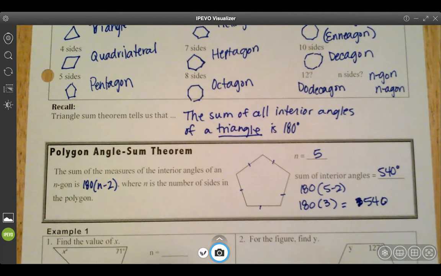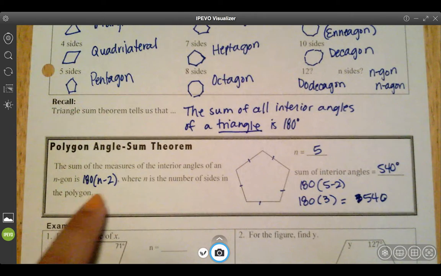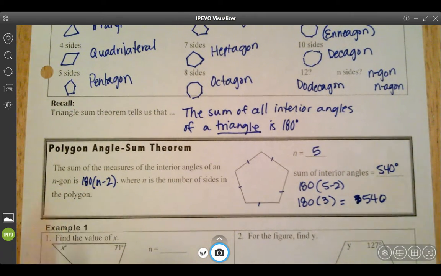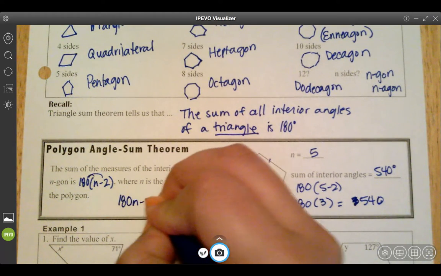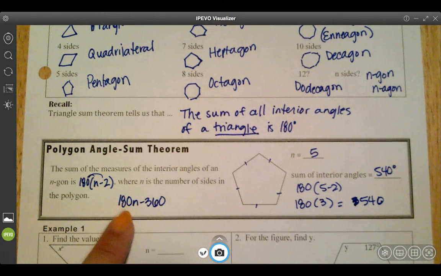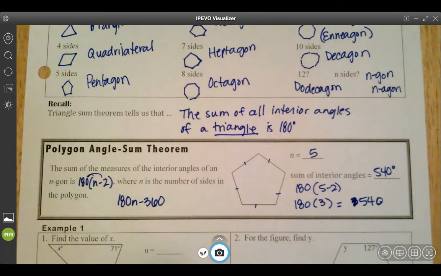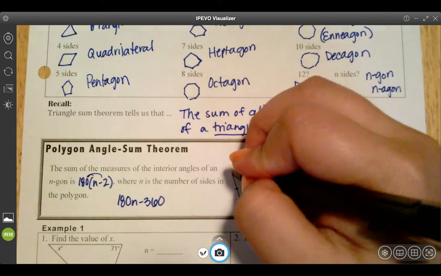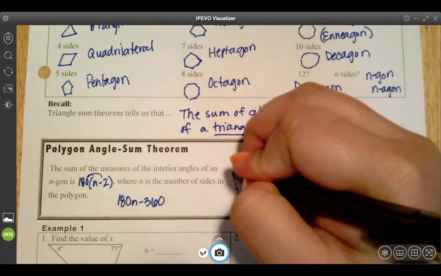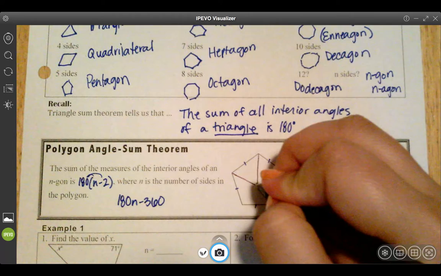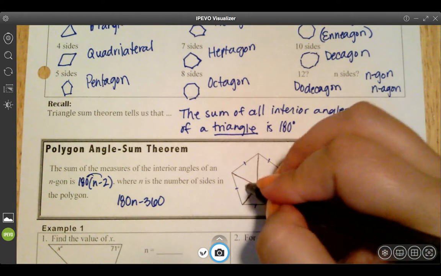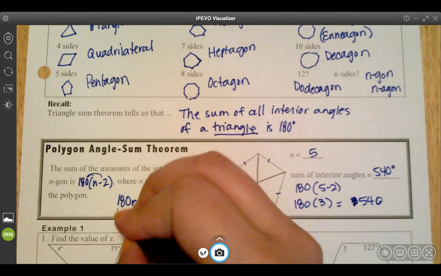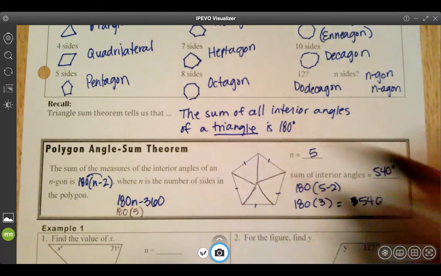Let's talk about where this formula comes from. If we distribute the 180, you get 180n minus 360. The 180n comes from, I'm going to do this in a different color so that you can see where it's coming from, if I make each of these sides into a triangle, then I have 5 triangles. So that's 180 times 5 for the 5 triangles.